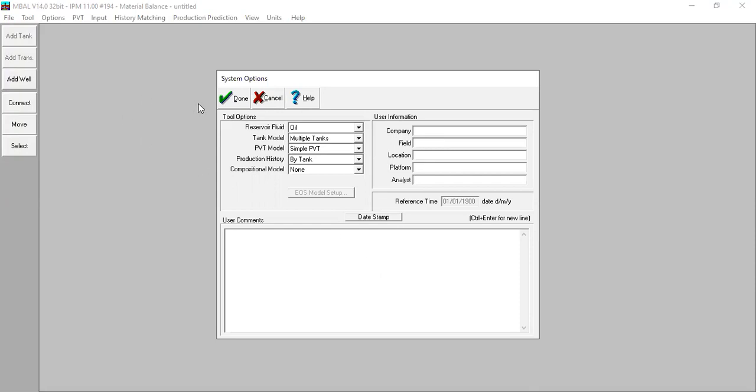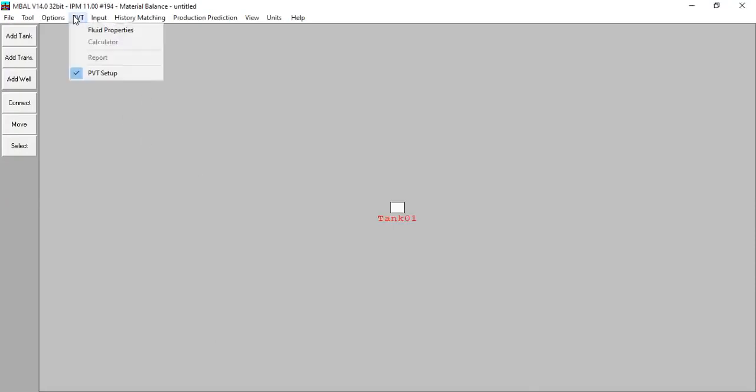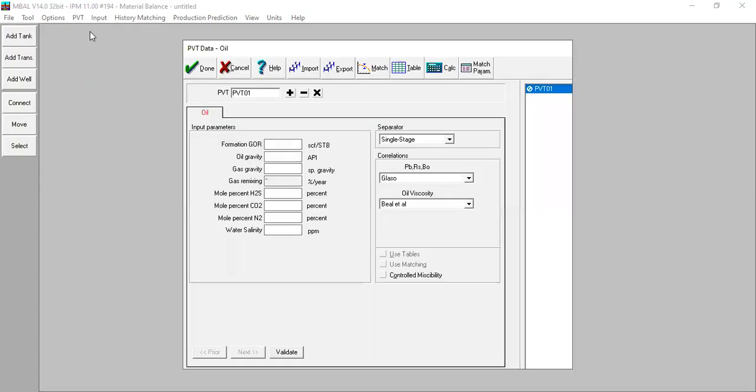Now we go to done and PVT, fluid properties. We will provide the fluid properties, and you can follow me. Formation GOR 500 SCF per STB with oil gravity of 39 API, gas gravity of 0.798, and then for H2S 0, no carbon dioxide, no nitrogen, and water salinity 0, for example, fresh water.